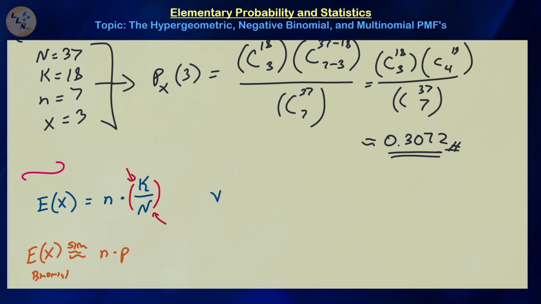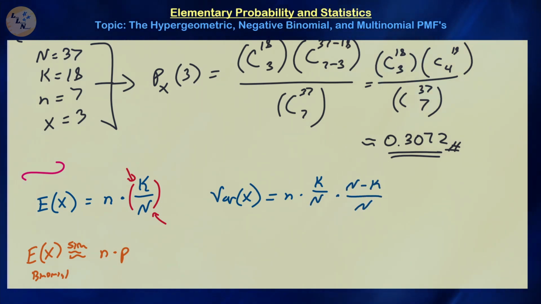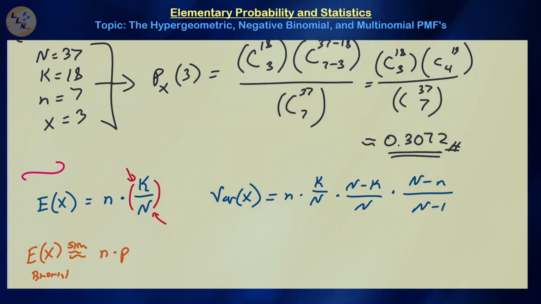And what about the variance formula? The variance formula for a hypergeometric random variable is going to be equal to n times K over capital N times (capital N minus K) over capital N times (capital N minus n) over (capital N minus 1). So again, what is each of these things? This is pretty much the probability of success.